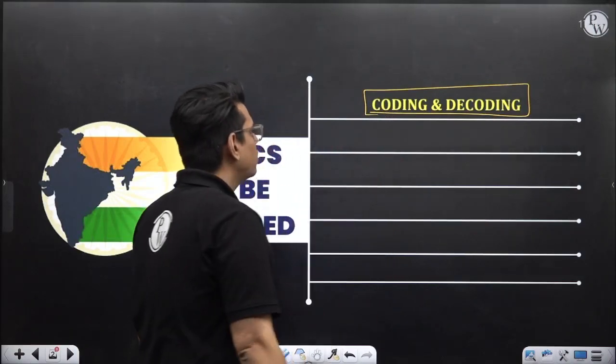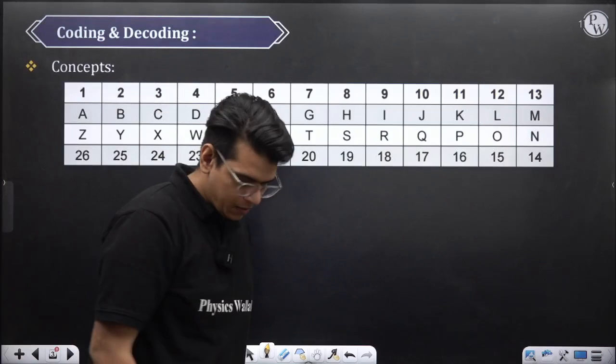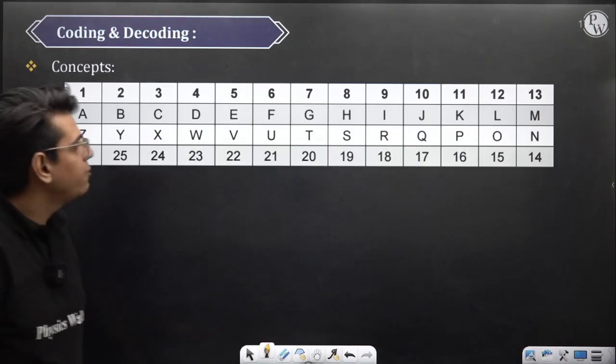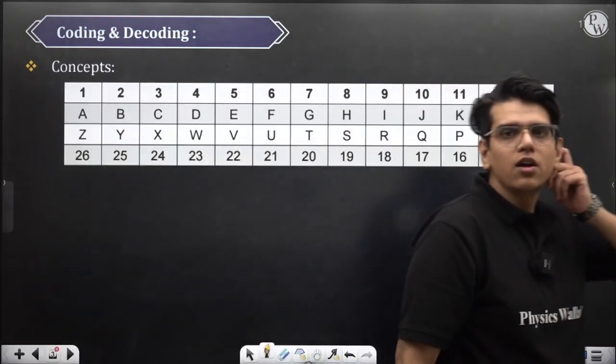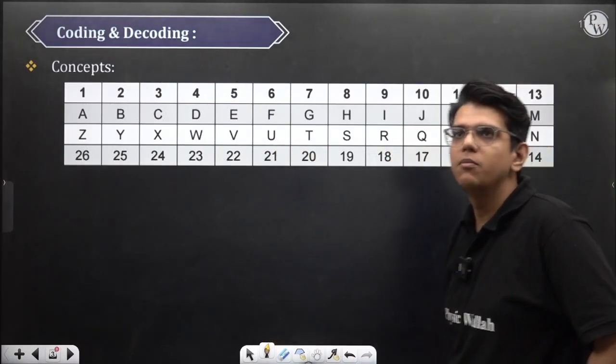So let's start. First of all, in most coding and decoding questions, depending on the type, if they are numeric or alphabetic, you need to write this table every time.